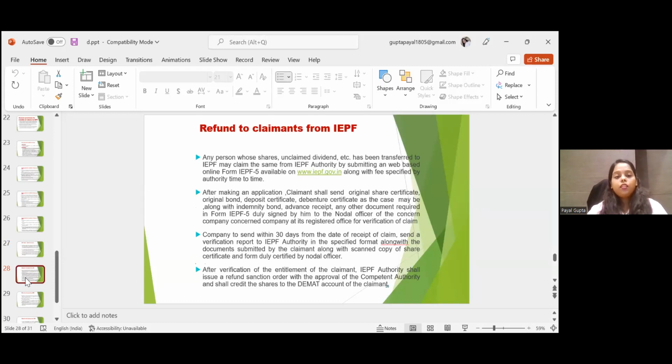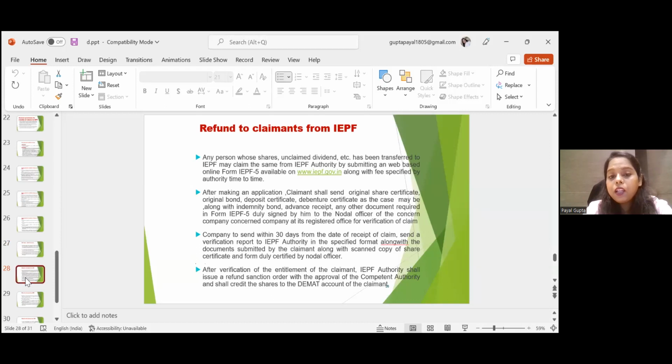Now the question is, if a person wants those shares back, then what? Any person whose shares or unclaimed dividend have been transferred to IEPF may claim the same from IEPF authority by submitting a web-based online form, that is IEPF 5, which is available on iepf.gov.in, along with fees specified by the authority from time to time.